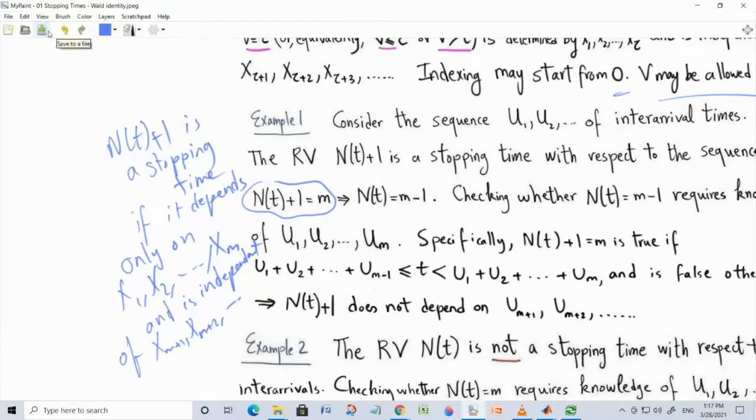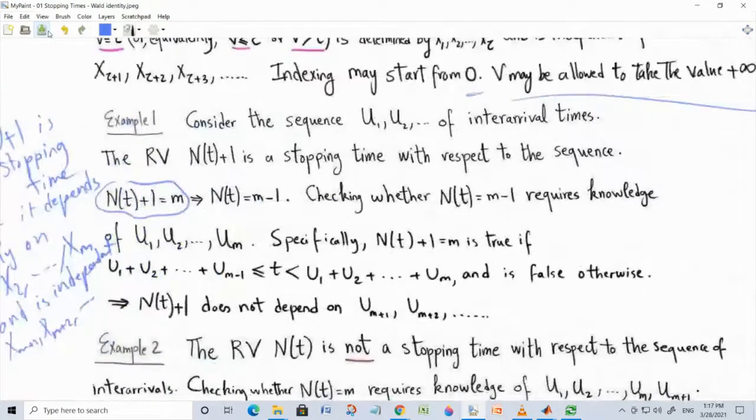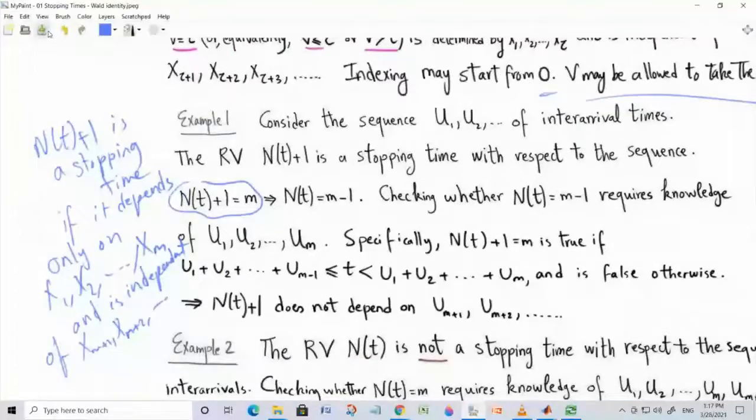So is that true in our case? Can you study the event n of t plus 1 is equal to m just by knowing the inter-arrival times u1, u2 up to um? And the answer is yes.